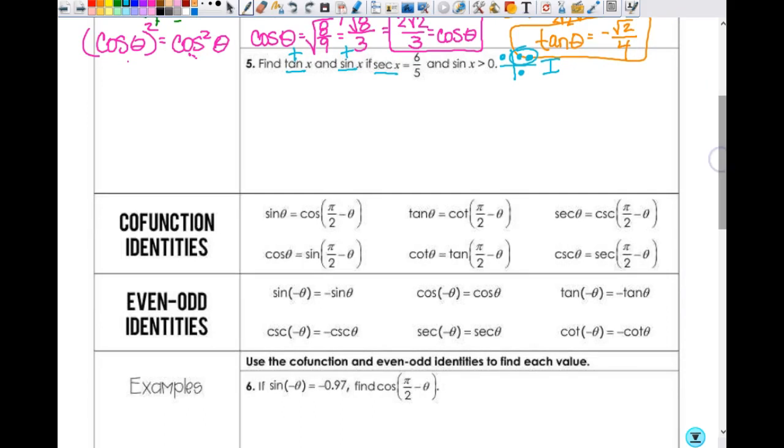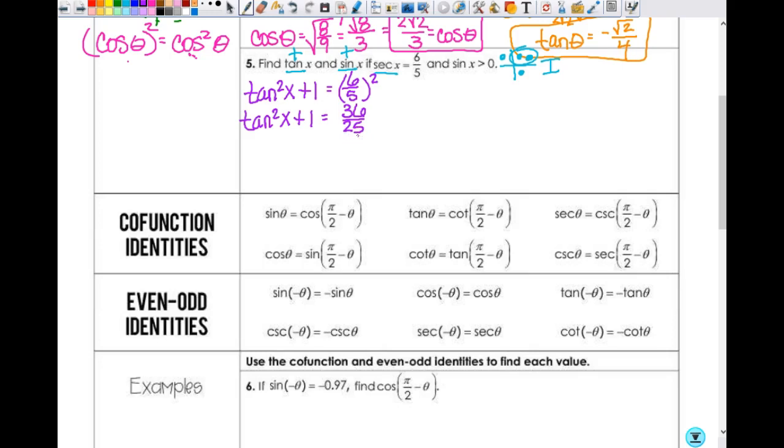So I'm going to start with tangent squared x plus 1 equals secant, which is 6/5 squared. That means that tangent squared x plus 1 equals what? 36 over 25.